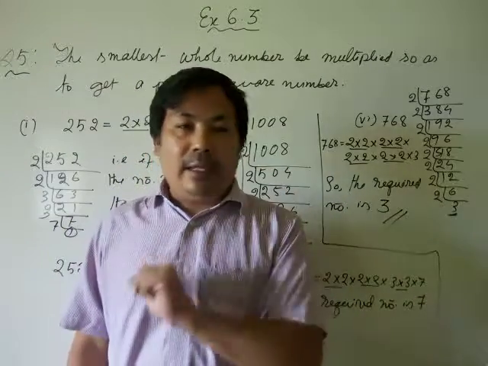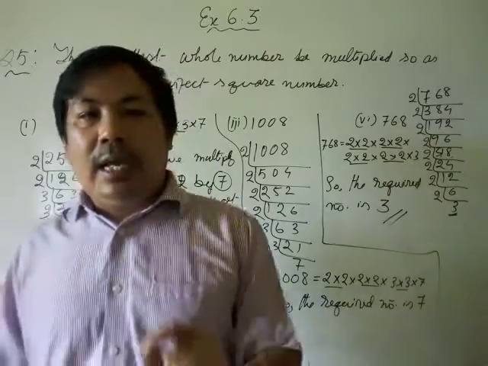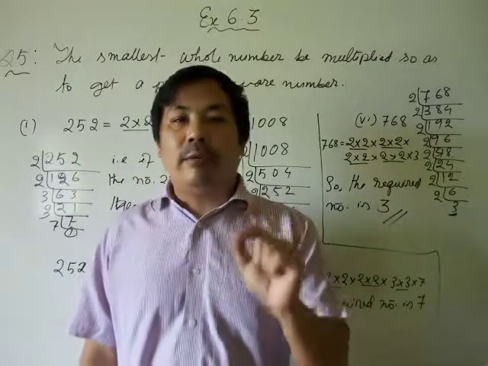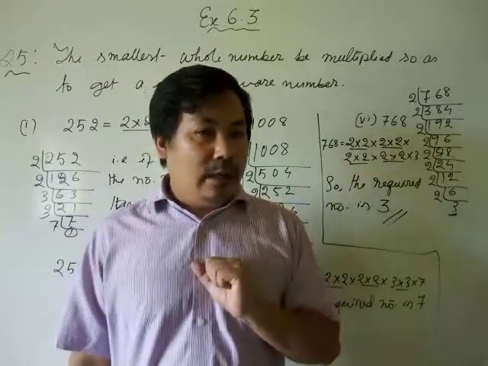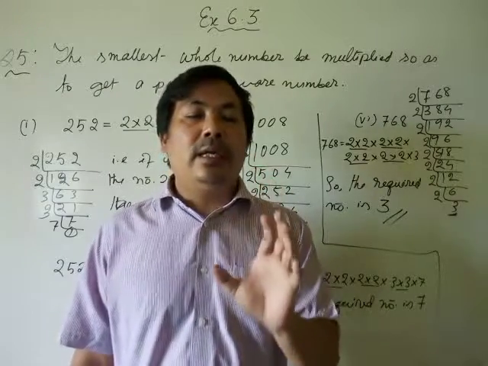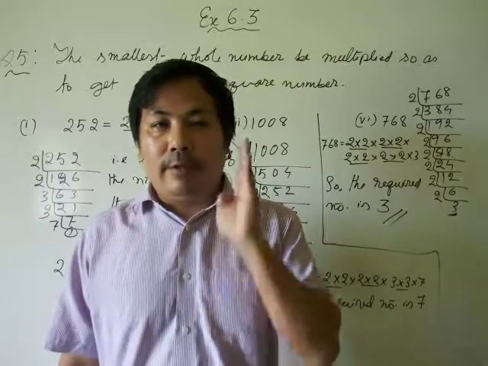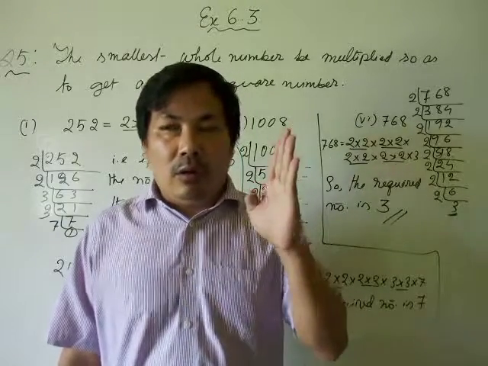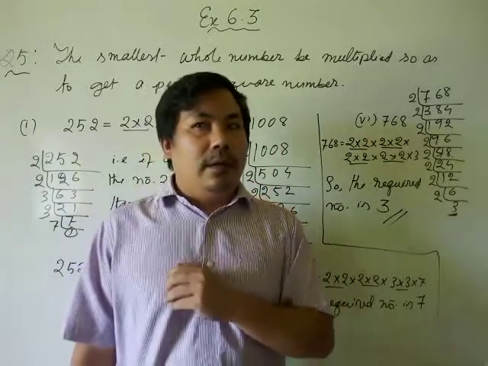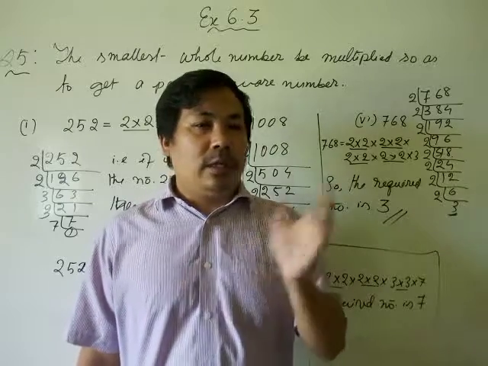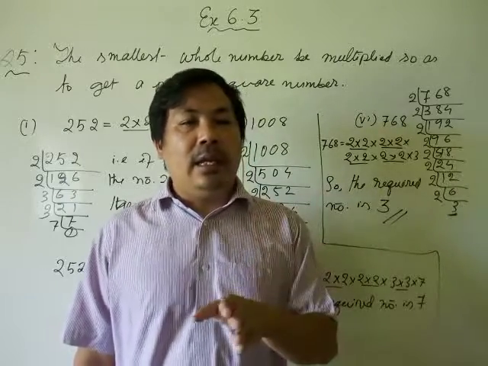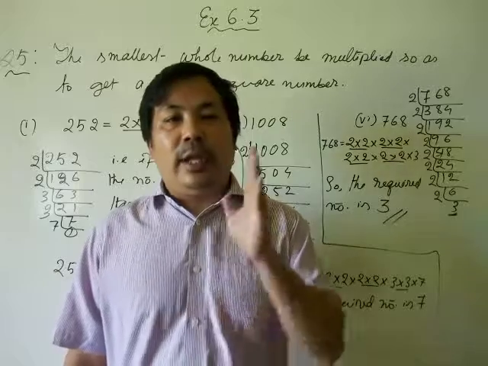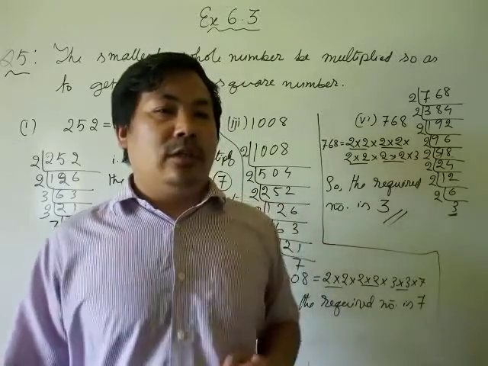Another method for finding out the square root is repeated subtraction. A number will be given there. From that number, we have to subtract continuously all the consecutive odd numbers, again and again, until you get 0 as the difference.